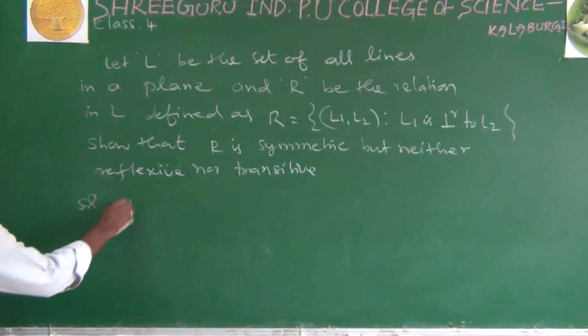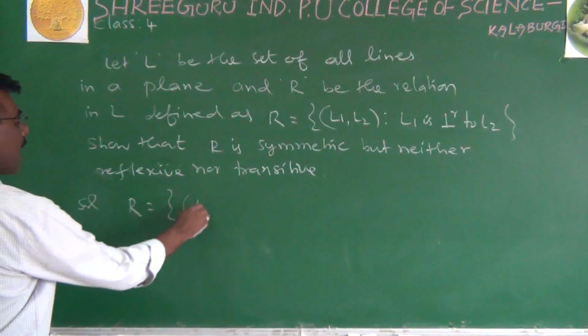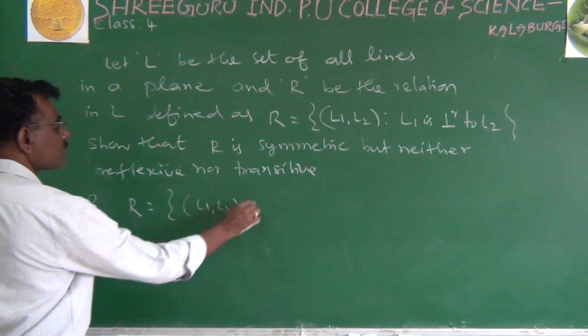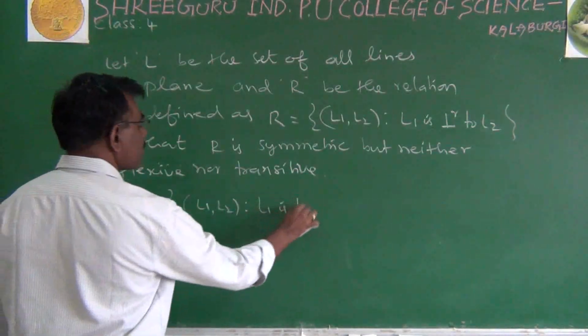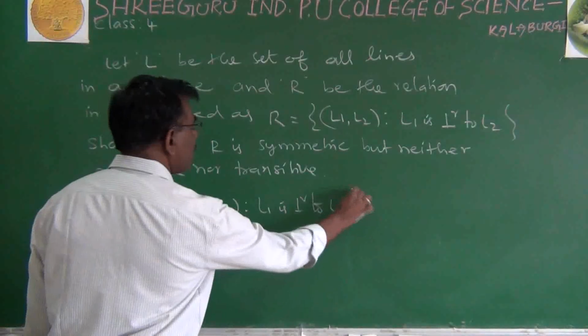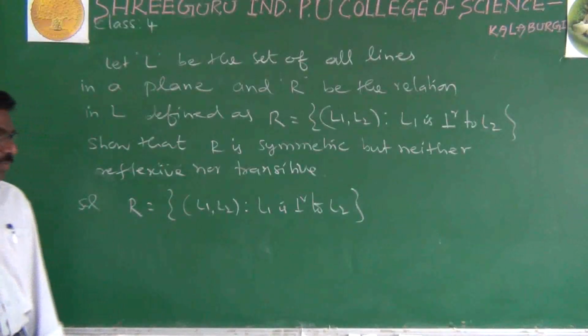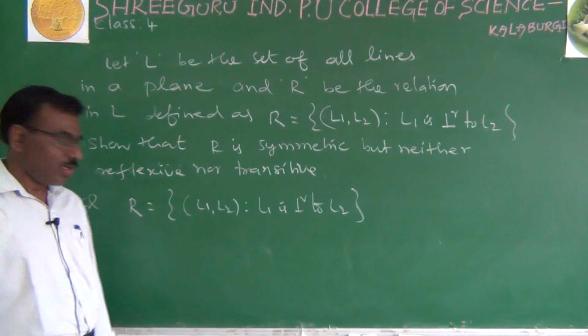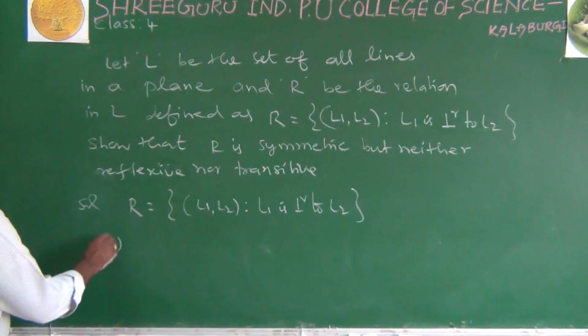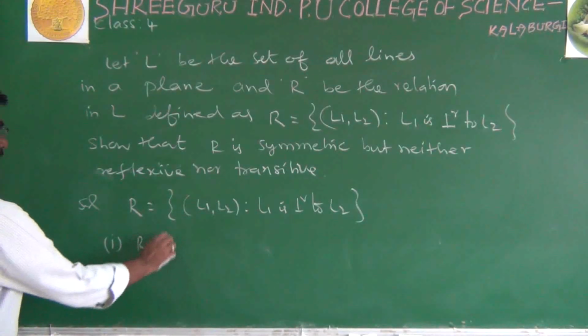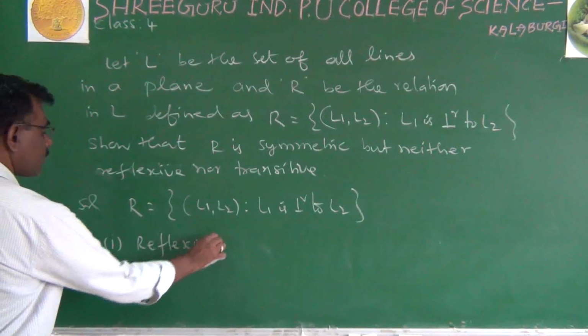Now the solution: R is equal to {(L1, L2) such that L1 is perpendicular to L2}. What is the first one? Reflexive.